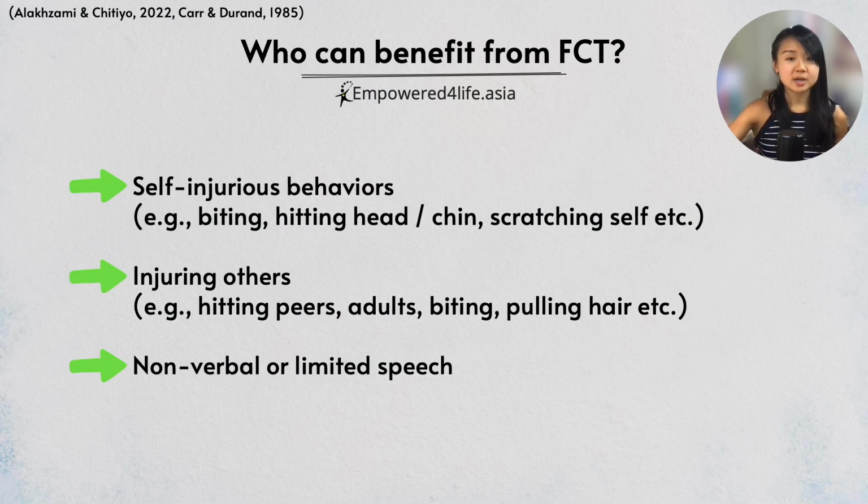Apart from challenging behaviors, functional communication has also helped children who are non-verbal or have limited speech to effectively communicate with the receiver being able to understand them right away. You can think in terms of, is your child able to communicate their request or their protest to, let's say, their friends or their teachers or even community helpers, like when they go shopping at the grocery shop. All this will help people who are not familiar with them to understand what they need at that point in time.